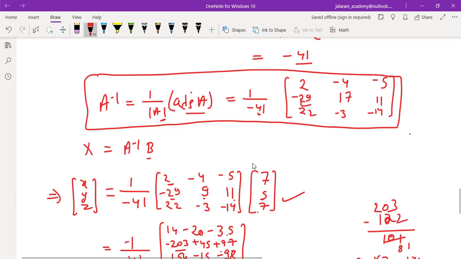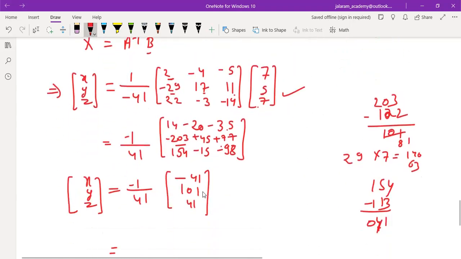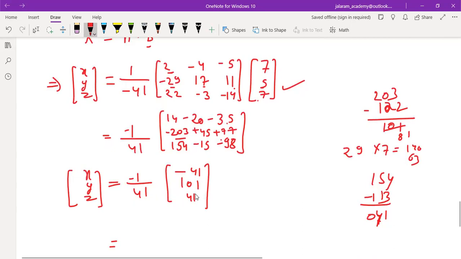And this is also 17. When it is not divisible by 41, it means there is something wrong. 17 5s are 85. So it will give minus 41.